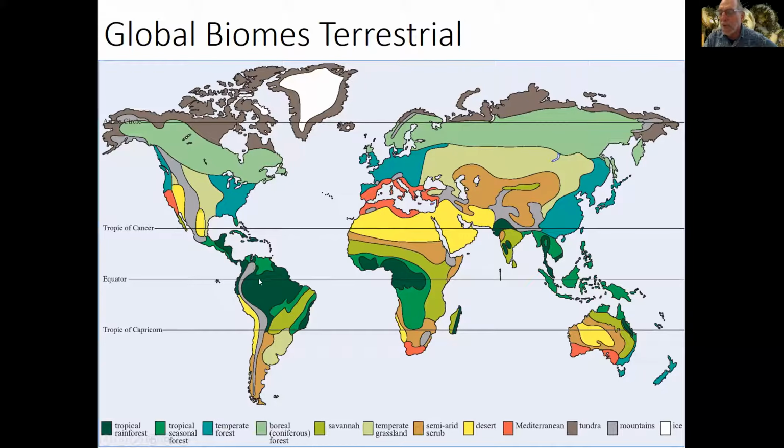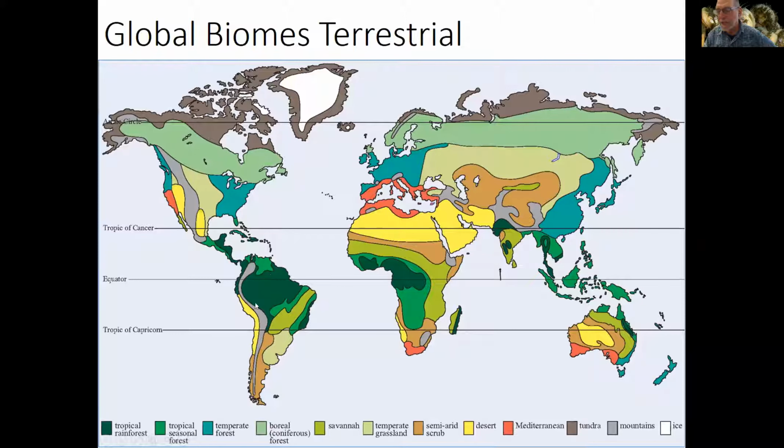So temperature and precipitation define the non-living possibility for supporting life. And so here we see a diagrammatic representation of the major biomes of Earth. And you can compare that with the picture that we showed earlier of the satellite image of productivity.